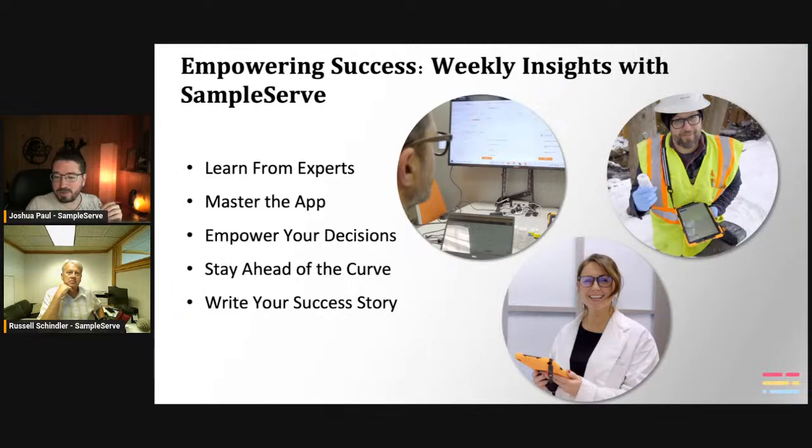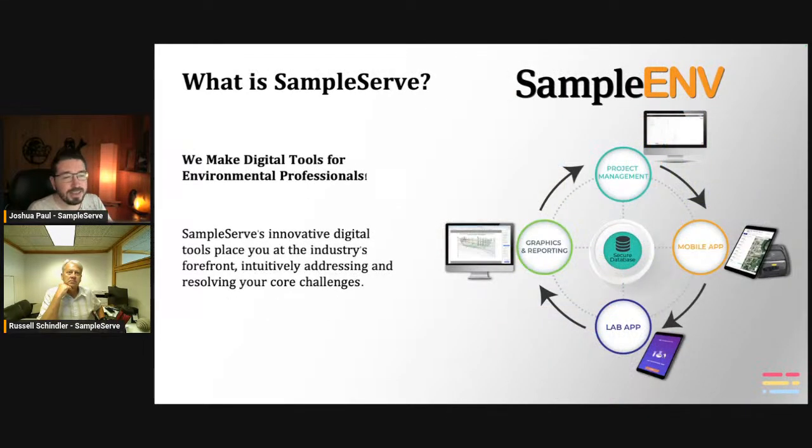So today we talk about our Sample ENV platform, and we usually talk about this on Wednesdays. We want to talk today about the many different options in media that you can sample using the Sample ENV platform. Now, it's called Sample ENV because it's originally designed for environmental projects.